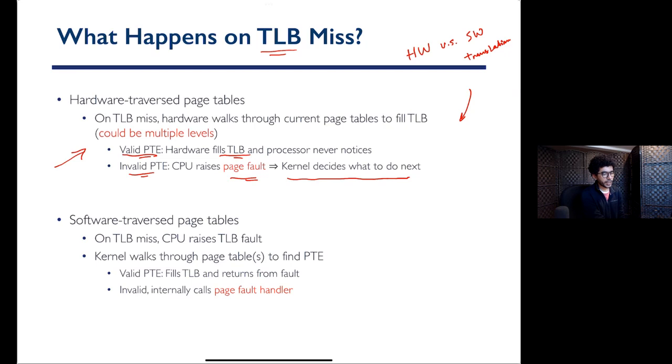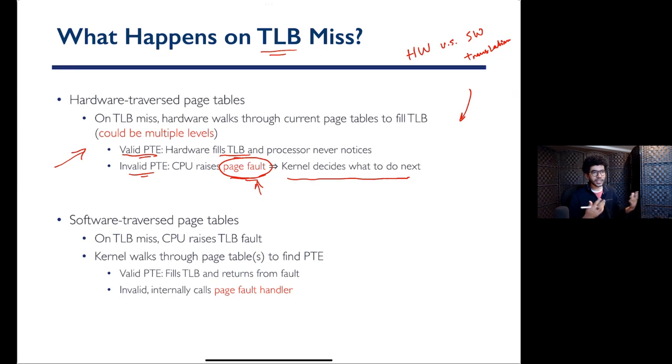One thing here is that this page fault does not necessarily mean that you're going to terminate the process, because there is a possibility that this is, for example, a heap expansion or a stack expansion, and then the kernel will just fix it up. Or it could be that it's a page that was swapped to disk, and the operating system brings back the page.